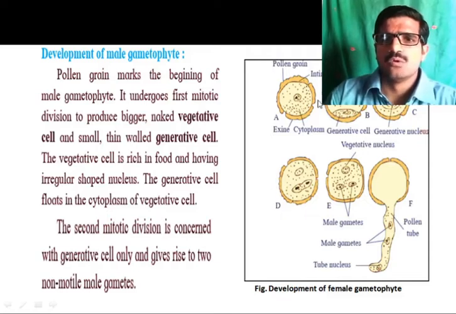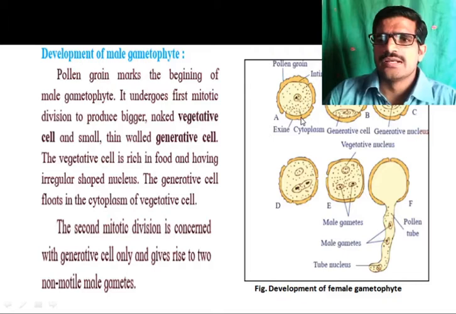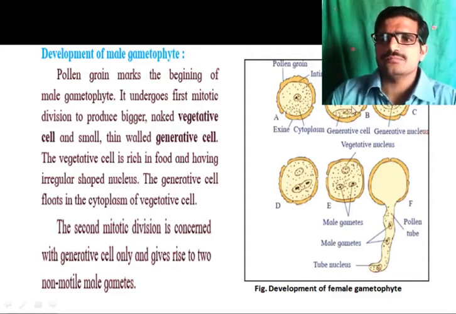In this, the pollen grain is the initial cell of the development of the male gametophyte. This pollen grain divides mitotically. There is formation of two cells, that is the vegetative cell and the generative cell. The vegetative cell is the larger cell, the generative cell is the smaller cell. This generative cell easily floats in the vegetative cell.